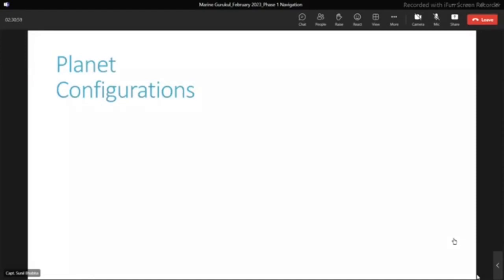Now, next we refer to some planet configurations. Configurations basically means a particular location of the planet in its orbit.